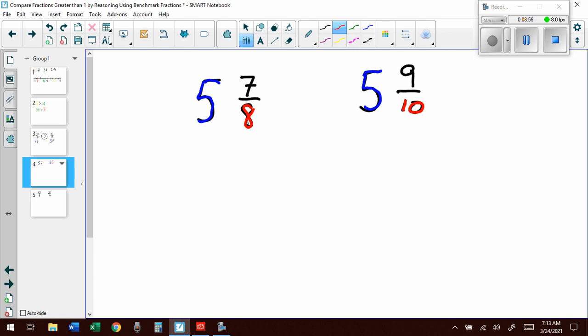Remembering that the smaller the denominator, the larger the pieces. And the larger the denominator, the smaller the pieces. We know that they're both 1 away from 1 whole, but this is 1 big piece away from 1 whole, and this is 1 small piece away from 1 whole.